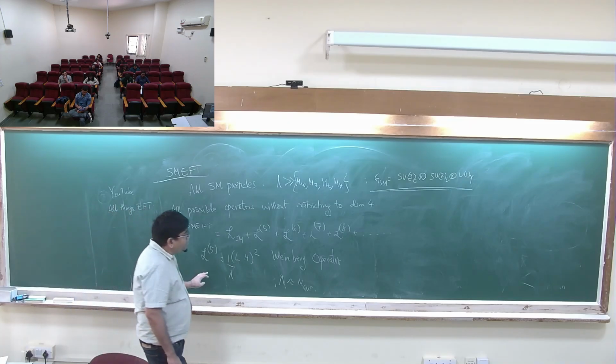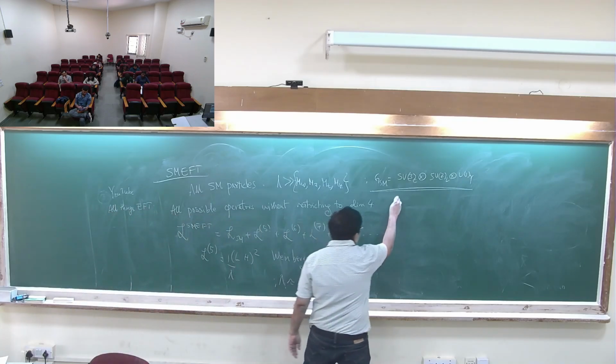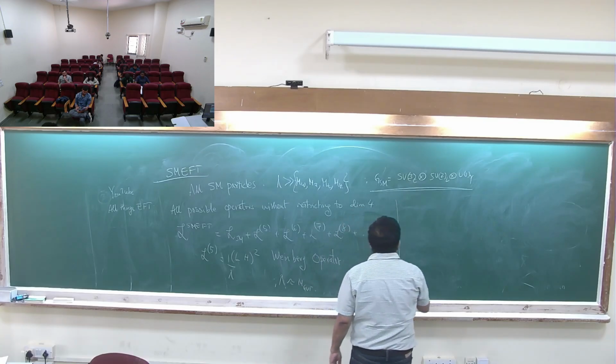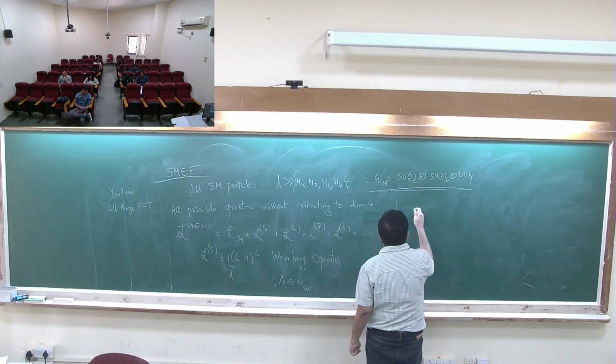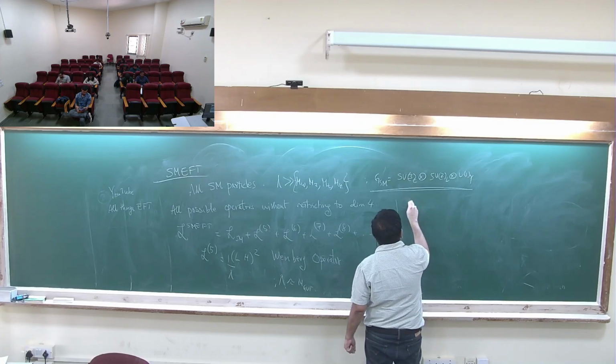Now the second set of operators are dimension 6 operators. They are mostly 4 fermion operators. They are classified essentially, with various classifications, LEFT.